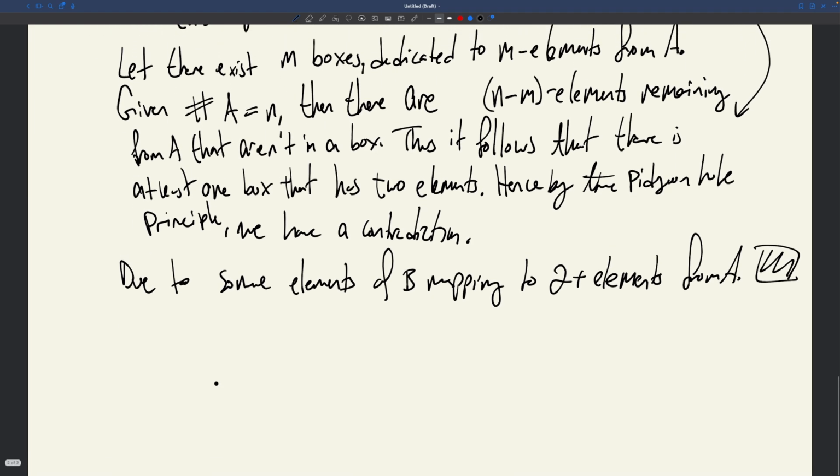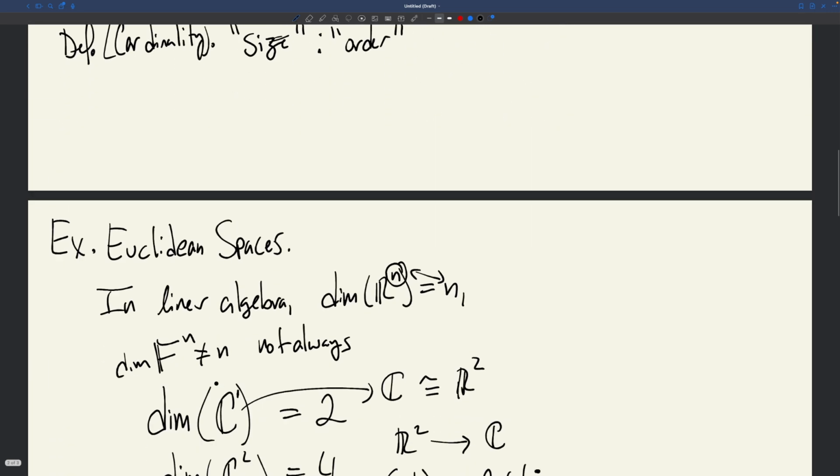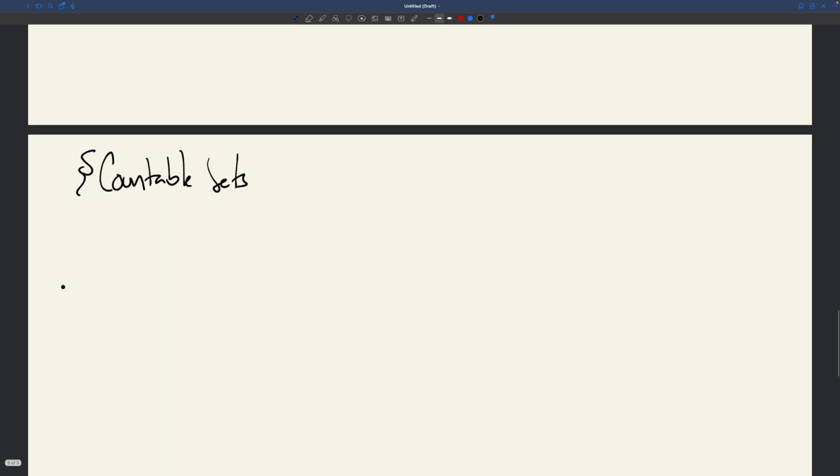Whew. I'm going to open up a new page since we've finished our little section on Cartesian products, and I'm going to call this section specifically the countable sets. Let's see how much we could get out of it. So we're going to create a new definition of what is considered countable.